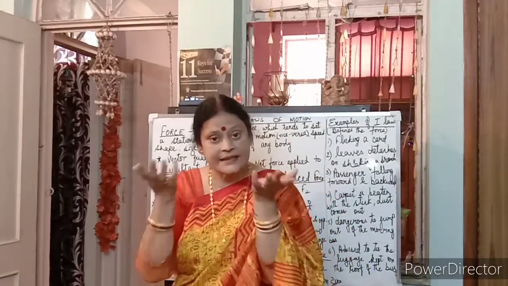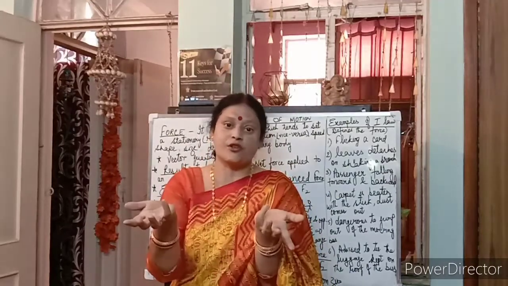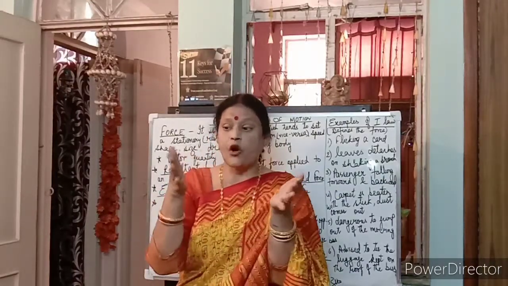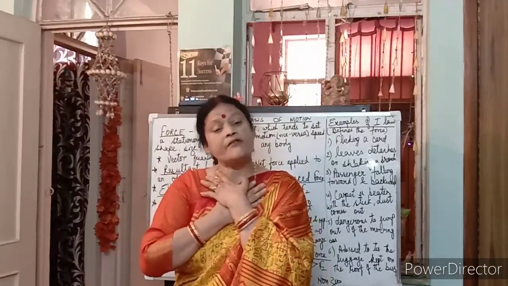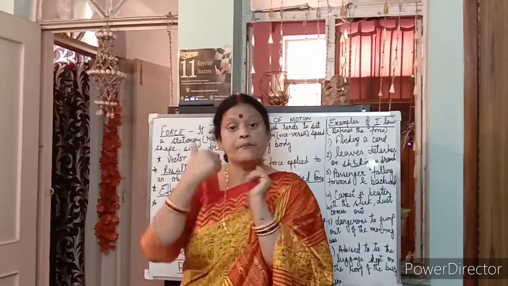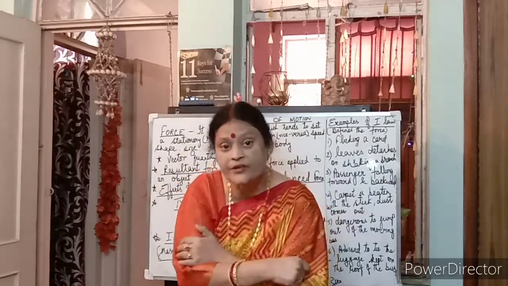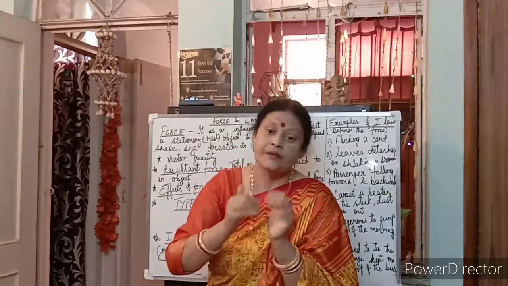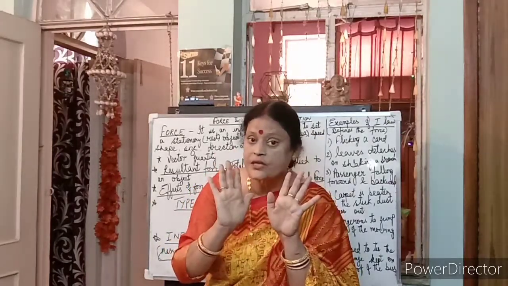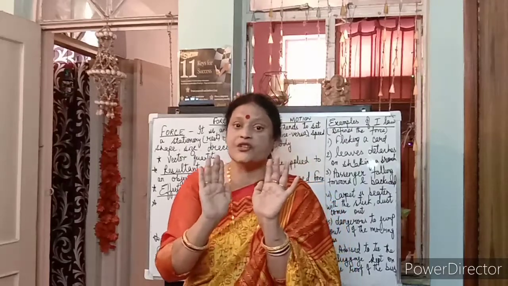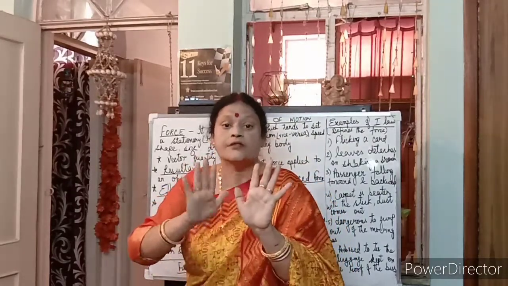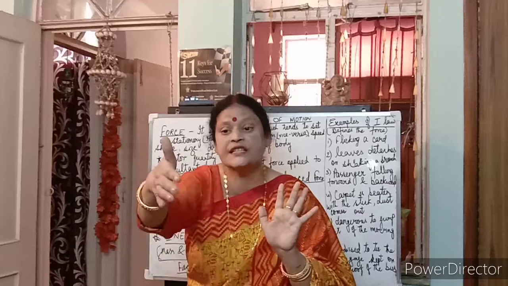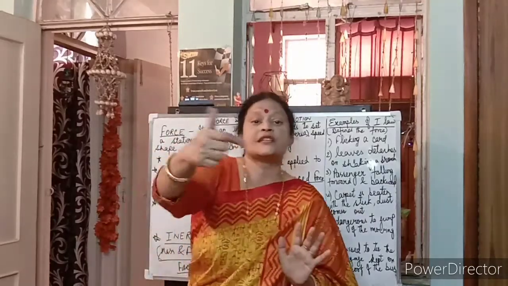Unbalanced means it is not balanced. Clear? Suppose the object is there, I am applying 5 Newton, okay? But that side, that boy is applying 3 Newton. Whose force is lesser? F2. Then when I am applying force, my force is larger, the box will shift towards that side, that is towards F2.